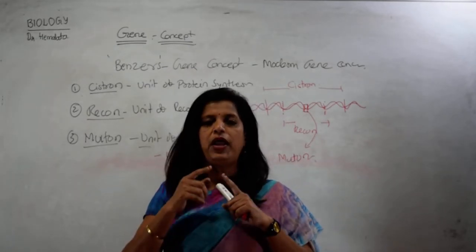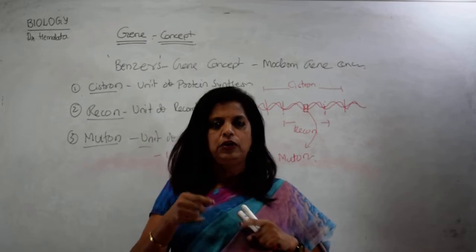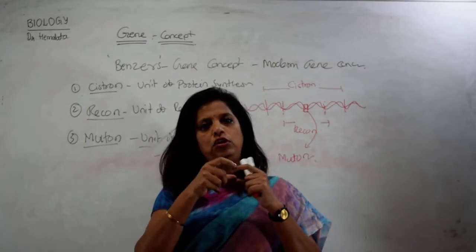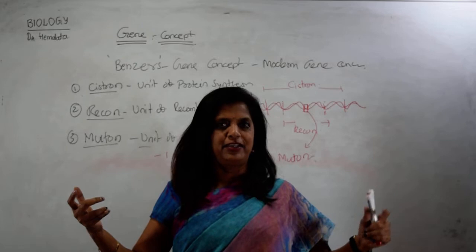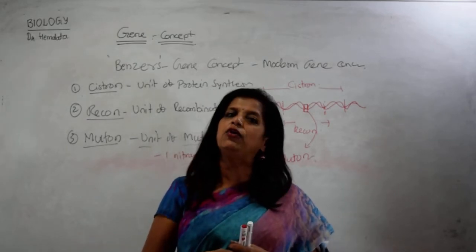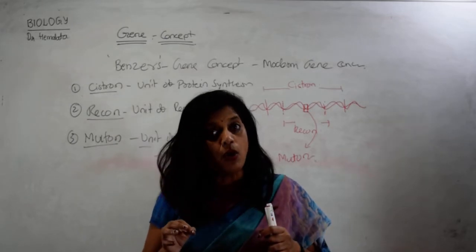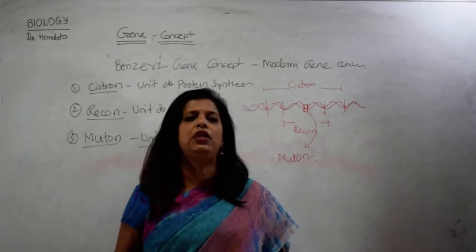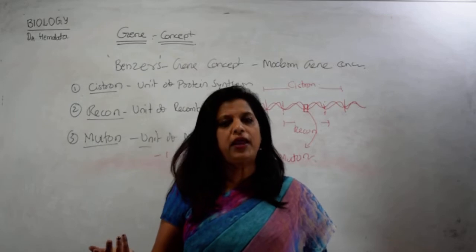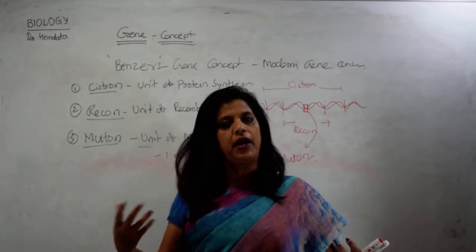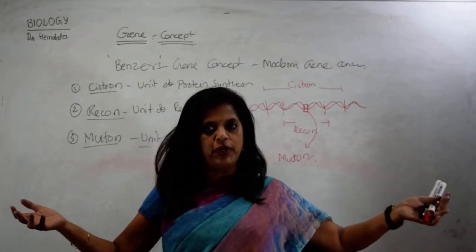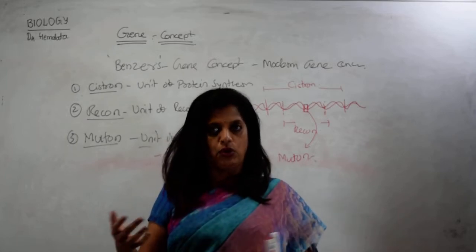Crossing over happens between the cistrons only. A smaller part may undergo crossing over, exchanging the characters, exchanging the nitrogen bases. That can cause recombinants. Therefore, it is called the unit for recombination. It can also be a gene. A gene is anything which brings about a character. A character is not always just a protein, it may be recombination also.